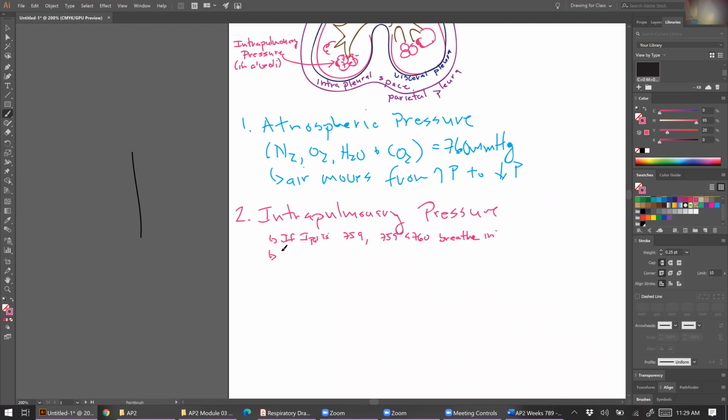Could write that as IPUL. If IPUL is 761, 761 is greater than 760, equals breathe out. So when we get over to Boyle's law, we'll talk about how you get it down to 759 and up to 761.